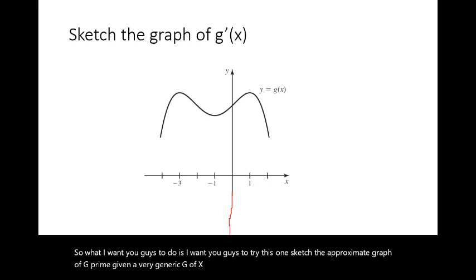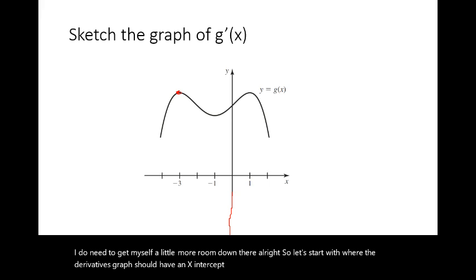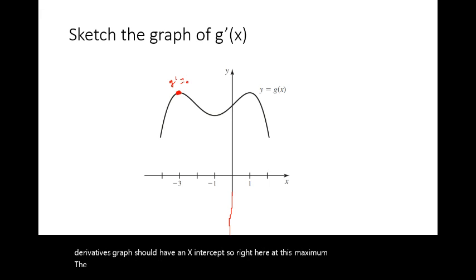I do need to give myself a little more room down there. All right, so let's start with where the derivative's graph should have an x-intercept. So right here at this maximum, the derivative is going to equal 0. So right here at that maximum, the derivative's graph will have an x-intercept.